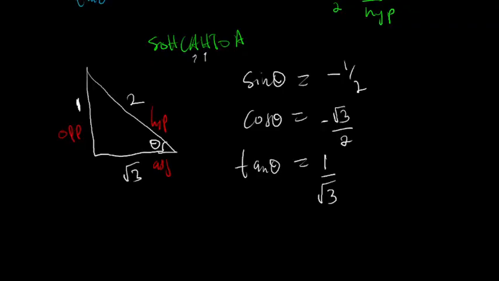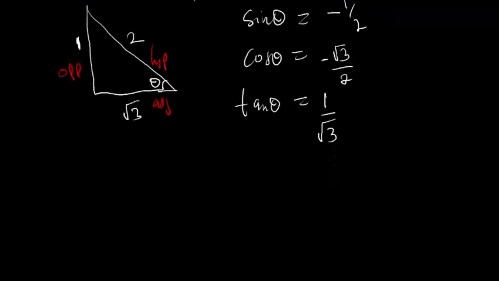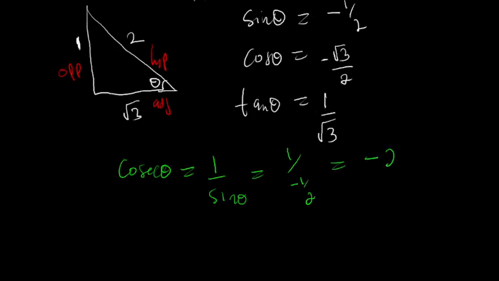Now, don't forget, whatever happens to sin theta will happen to cosec theta, because cosec theta is coming from sin theta. That means we can easily write cosec theta, which is equal to 1 over sin theta, as 1 over minus 1 over 2, and that's what? Minus 2. Also, sec theta is 1 over cos theta.